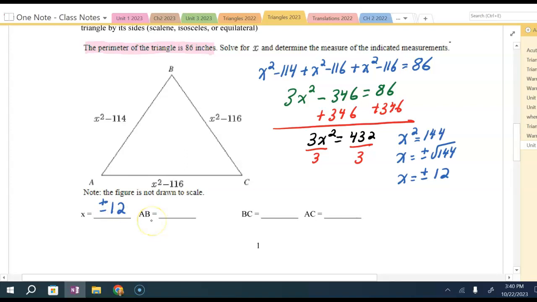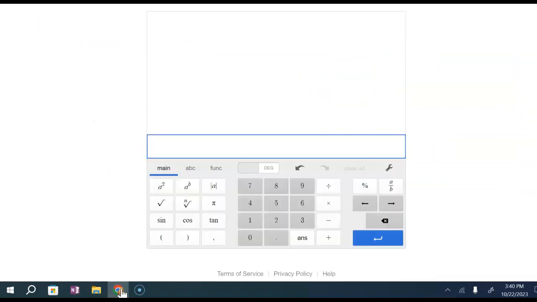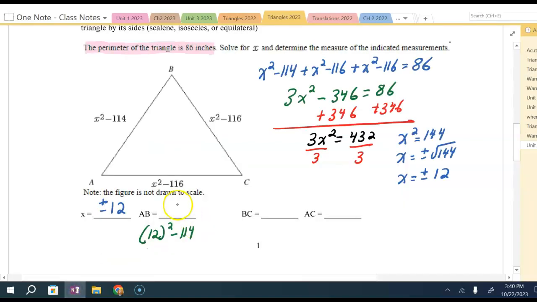Now for AB, I'm going to say 12 squared minus 114. And on my calculator, I'm going to put parenthesis 12 squared minus 114, and I'll get 30. So AB is 30. BC is 12 squared minus 116.